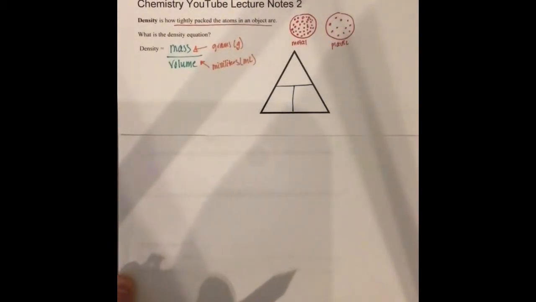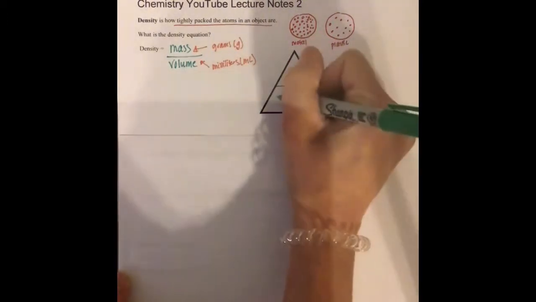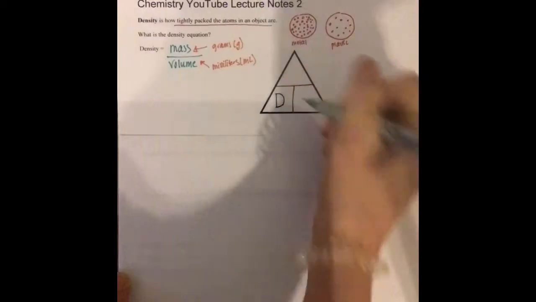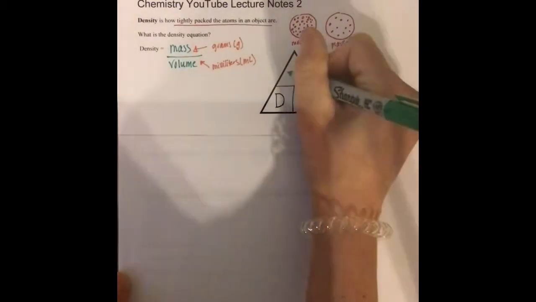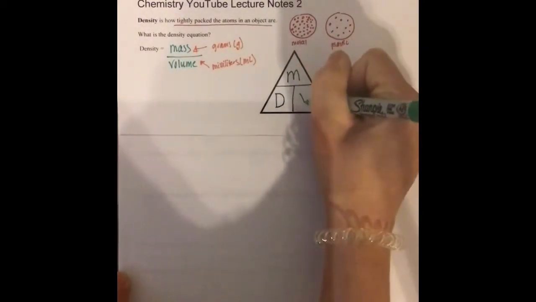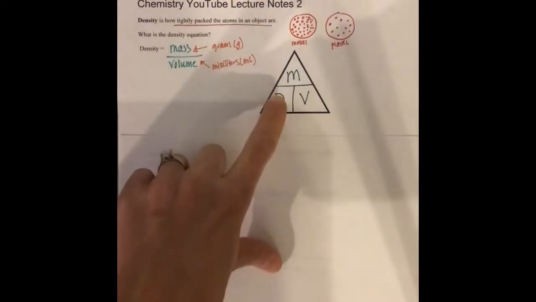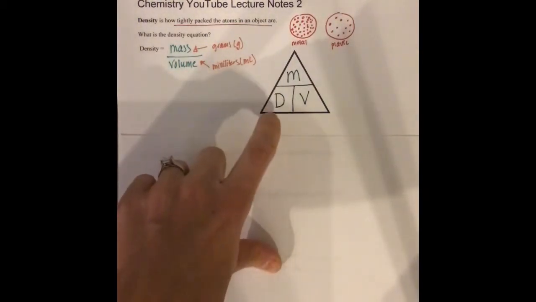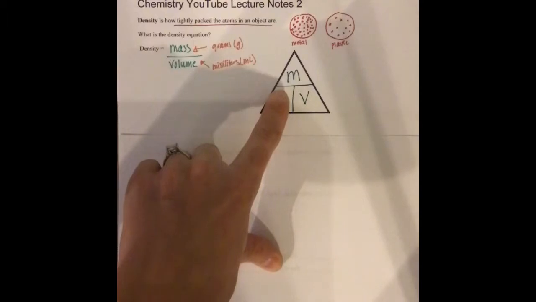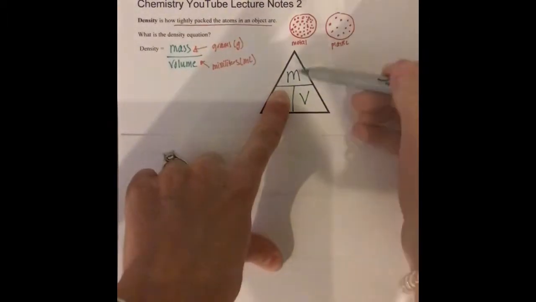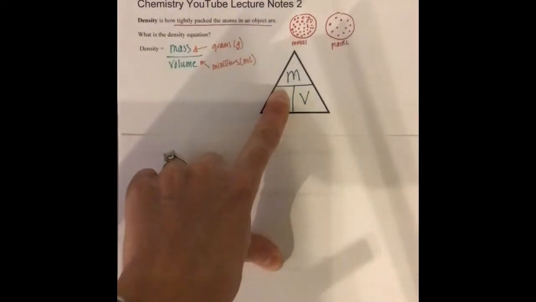If you draw a triangle, split it up with a T, you can put in your density equation. Density is mass over volume. All you have to do is take your finger and put it over what you want to find. If we want to know the density, mass divided by volume.